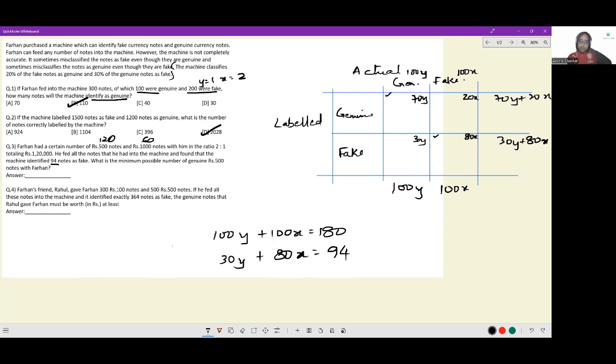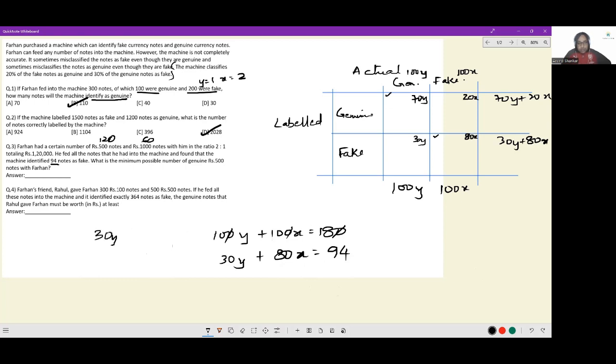So now I'm coming up with my count of how many genuine notes I have, how many fake notes I have, everything I can do. Let us work. First thing I can do is get rid of the zeros, and then I can multiply it by 3.